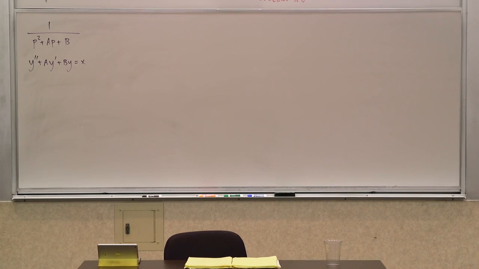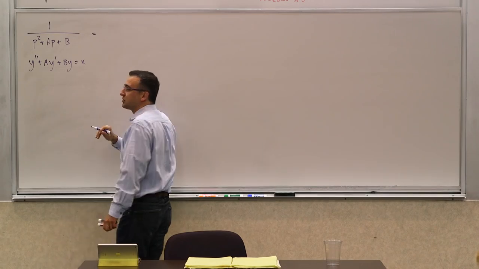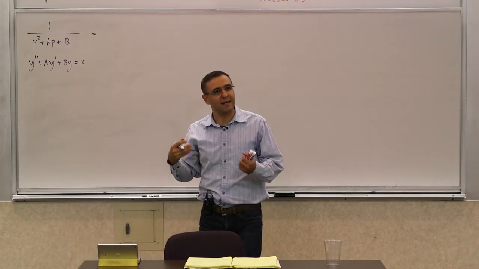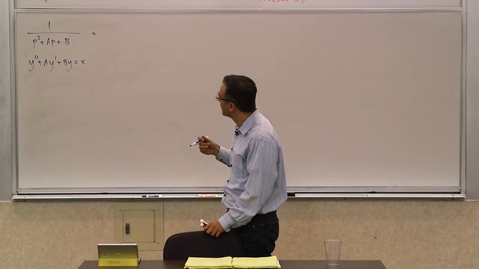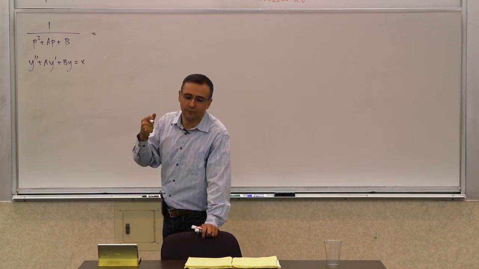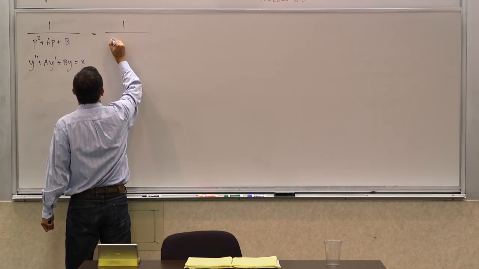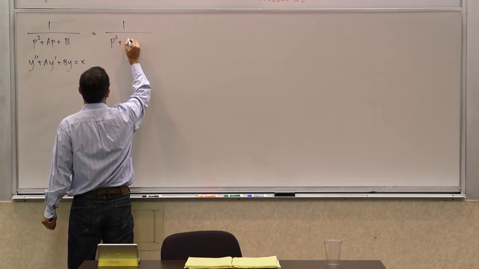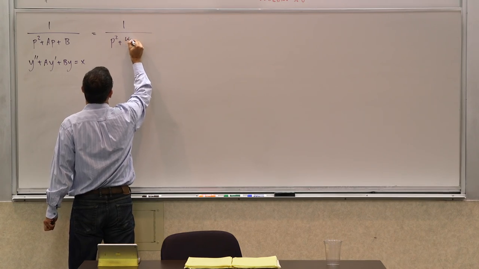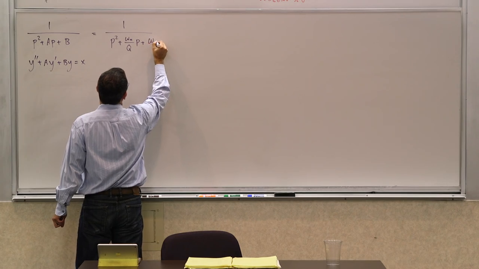If you're trying to solve those things, you're dealing with terms like that. Now, in electrical engineering, and essentially in a lot of engineering, when you're dealing with second order systems, there's a nicer, more meaningful form to write these things: p squared plus omega n over q p plus omega n squared.